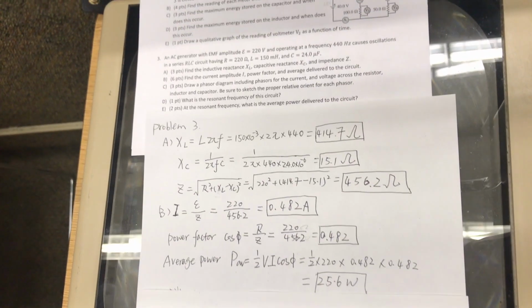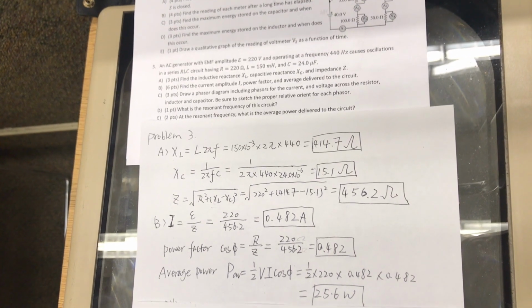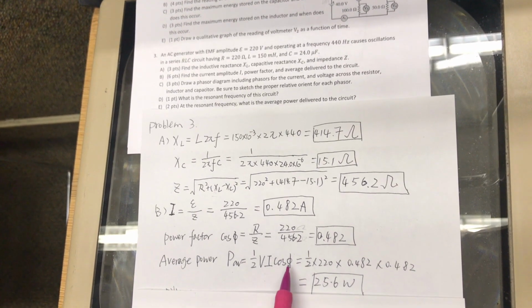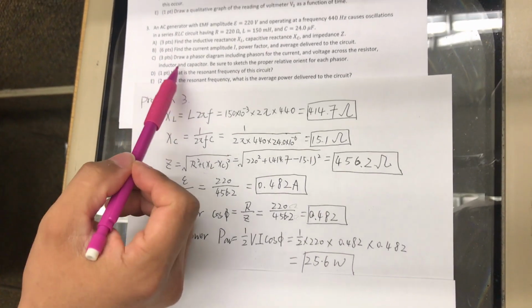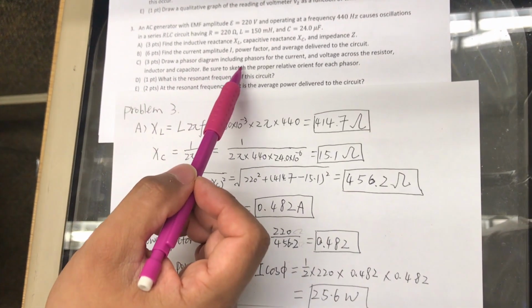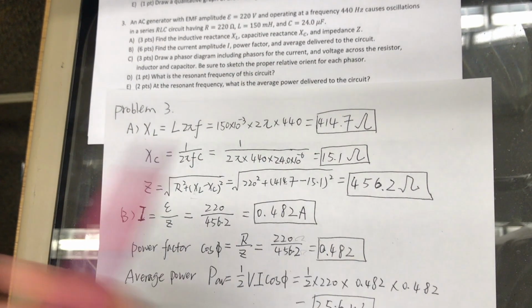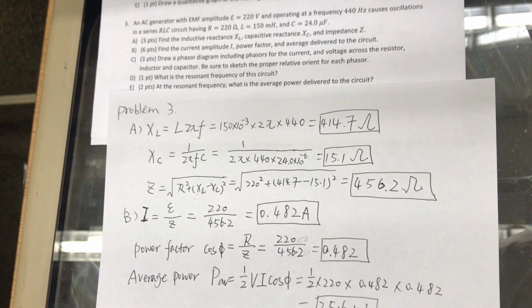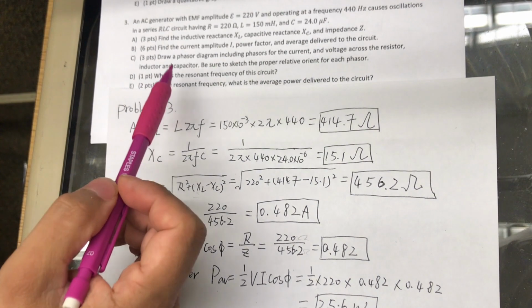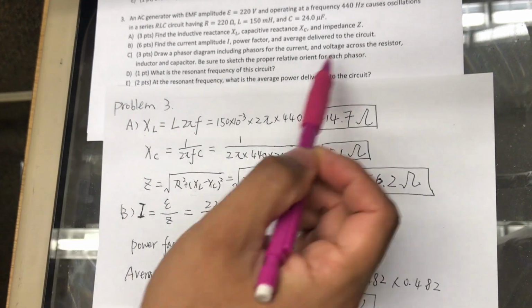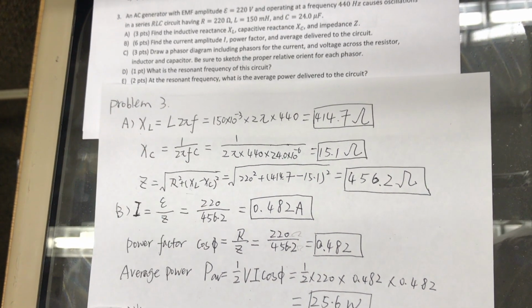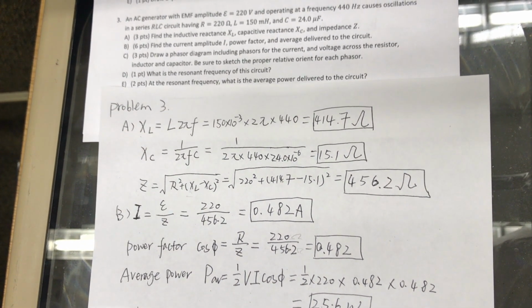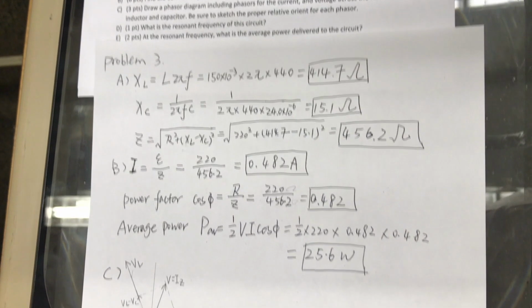C. As I mentioned before, this is where you will understand what cosine of phi is and what phi is. So we draw a phasor diagram, including the phasors for the current, the voltage across the resistor, the voltage across the inductor, and the voltage drop across the capacitor.